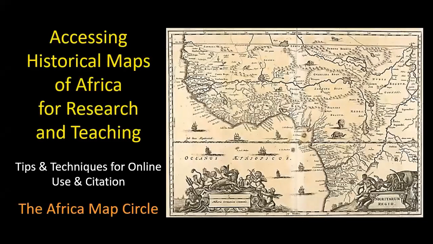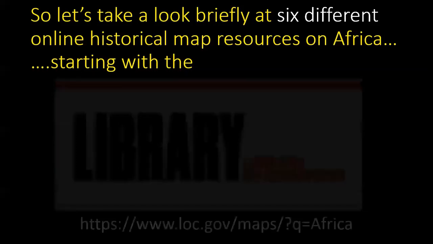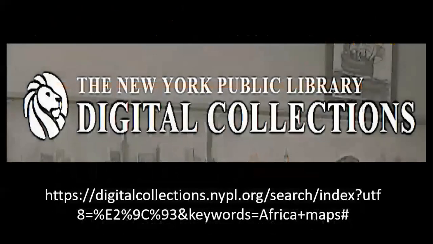One way to get started in their activities is to get access to the historical maps in collections online. Let's take a look at some of these collections and get access to them by way of practice. There are 6 easily accessible historical map collections, starting with the Library of Congress, then the New York Public Library digital collections, with an emphasis to search on Africa.